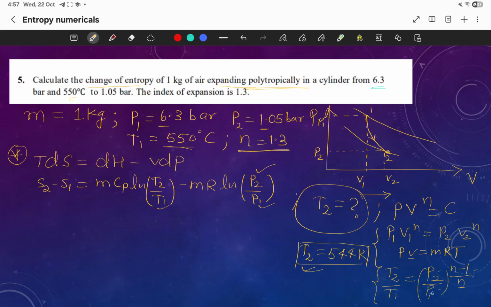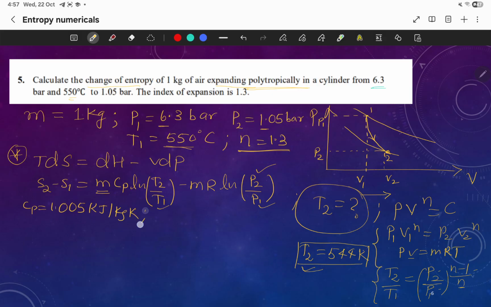And what is the value for Cp? Cp we know, for air we take 1.005. Okay, and here m is taken as 1. Cp will be how much? 1.005 kilojoule per kg Kelvin.